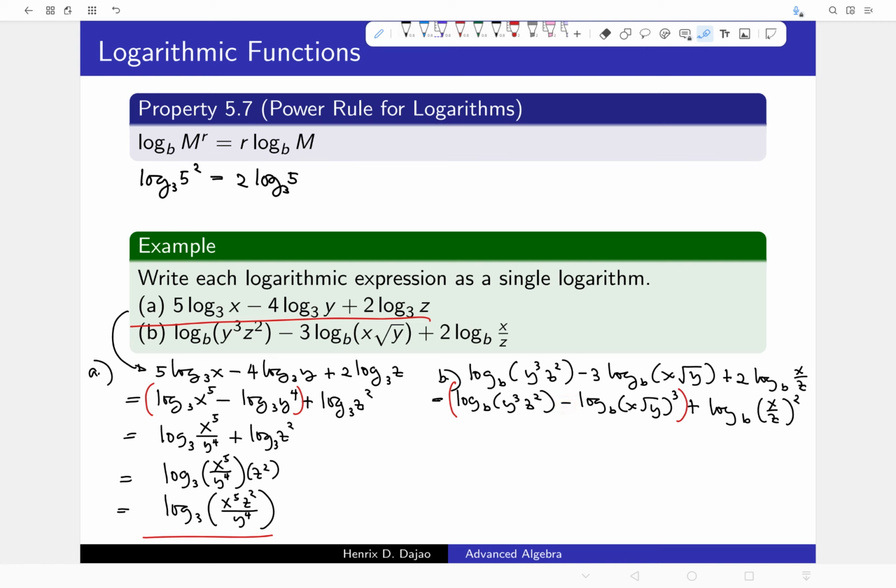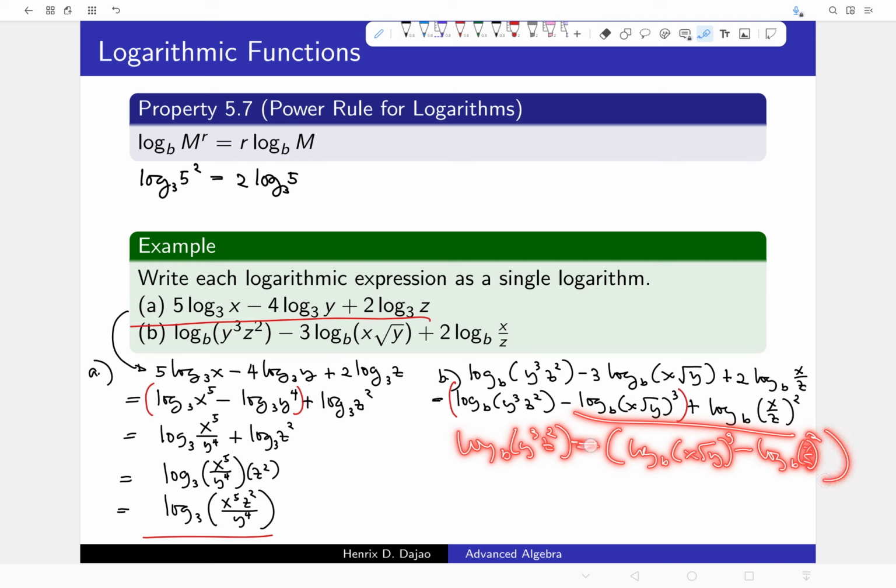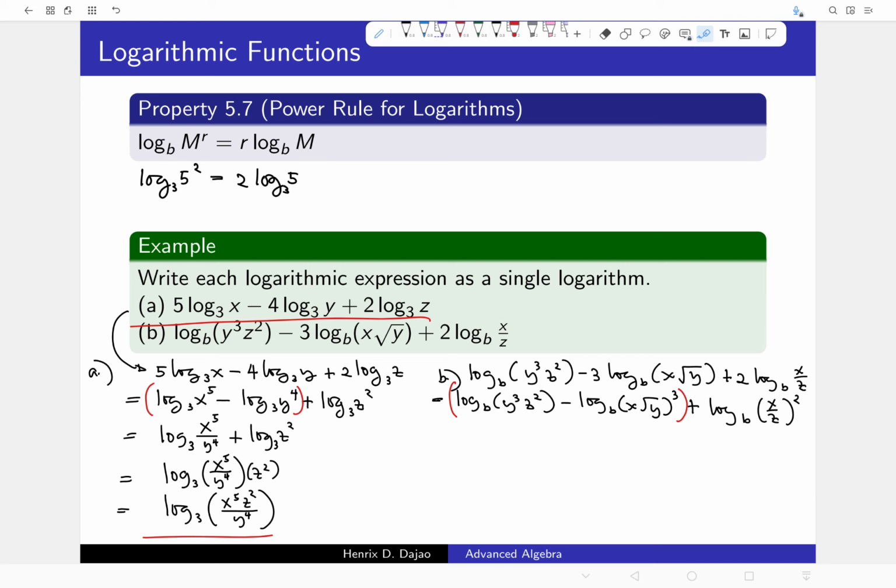Okay, so if you try to group this becomes log b of y^3 z^2 minus the logarithm of b x, then this becomes minus. Okay, my negative is negative, negative times negative, we have positive. So we have to be careful with the signs when we group.